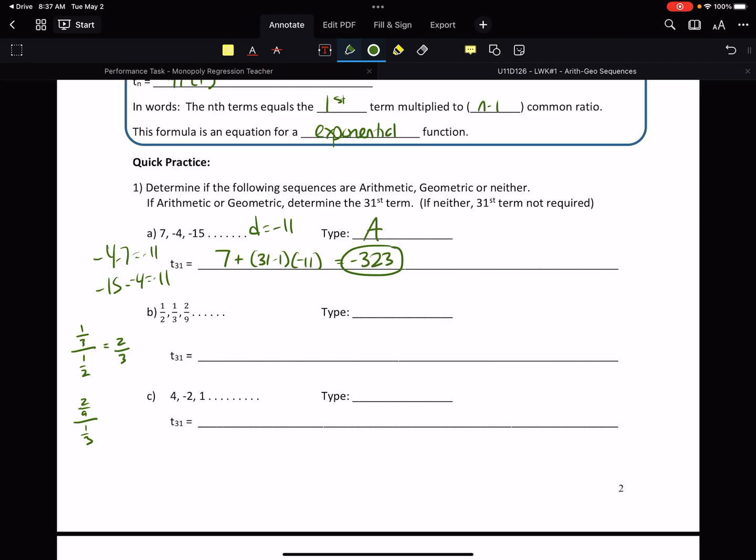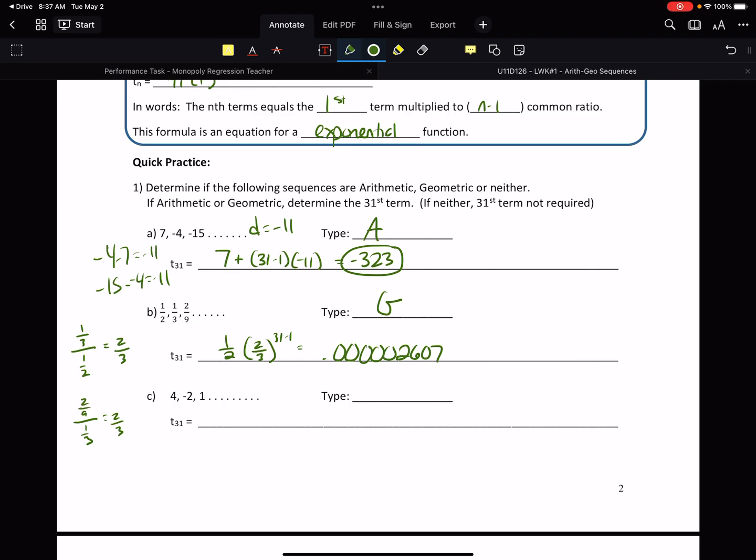That'd be 6 over 9, which also equals 2/3. All right, so yes, we have a common ratio. This is geometric. 1/2 times 2/3 to the 31 minus 1. Super tiny number that your calculator is going to spit out.